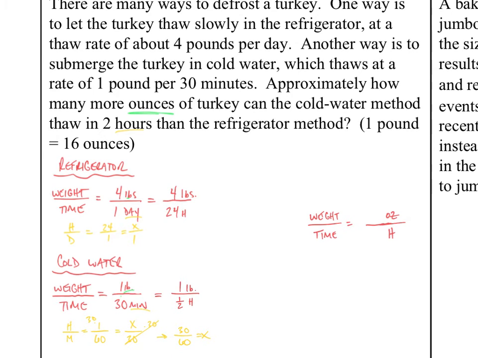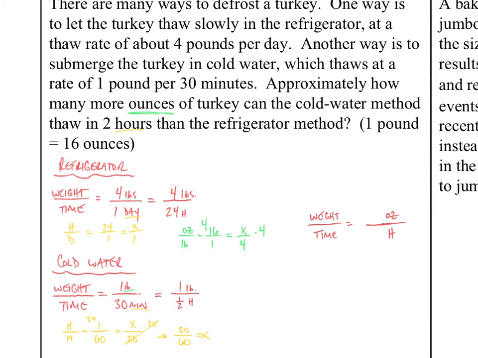Now we need to do the conversion for the ounces of turkey that exist. And they've told us already that the conversion rate between pounds and ounces is 16 ounces per 1 pound. So here I'm trying to figure out how many ounces 4 pounds would be.